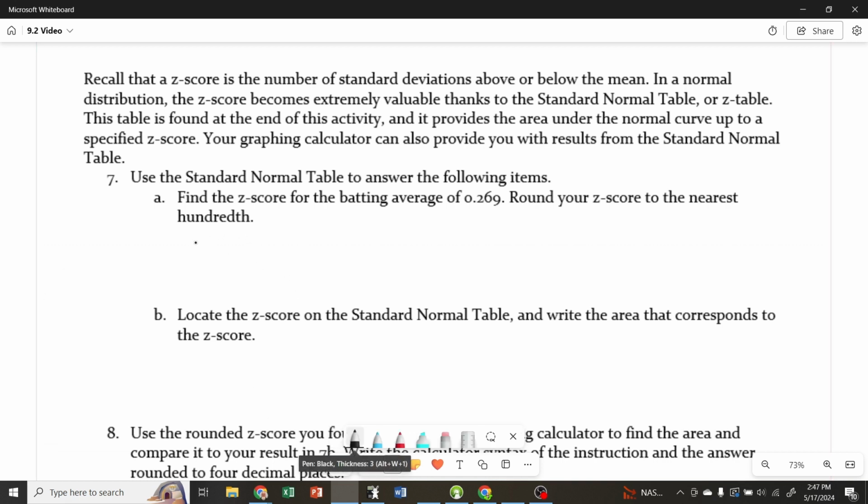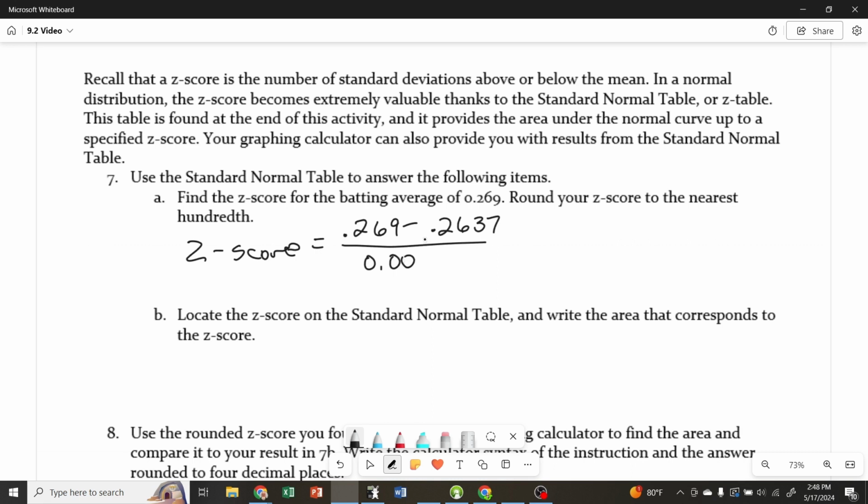So the z-score is equal to 0.269 minus 0.2637, and we're going to divide by the standard deviation of 0.0096.